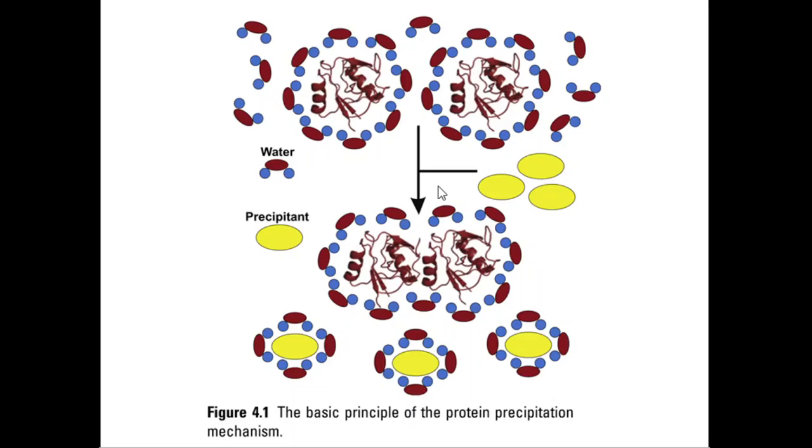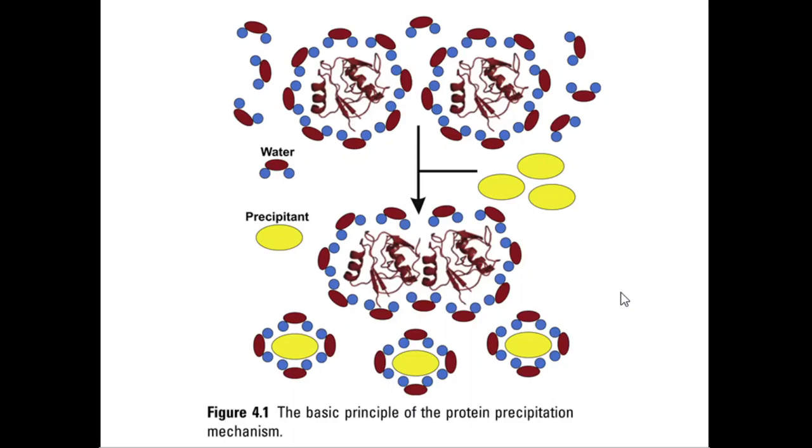When we add ammonium sulfate to a protein present in a solution, now what happens, keeping this basic principle of protein precipitation mechanism? At low ammonium sulfate salt concentration, we see an effect which is called salting in.